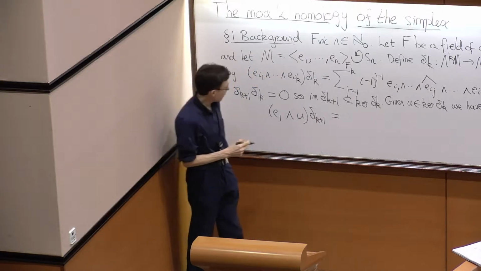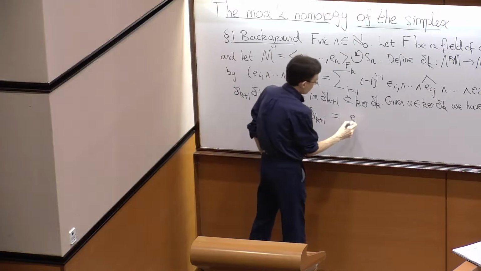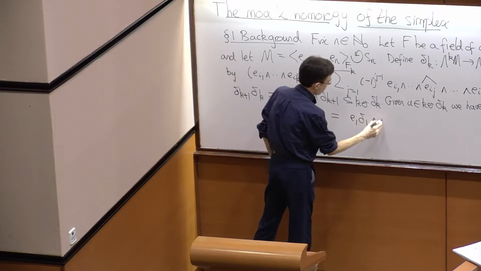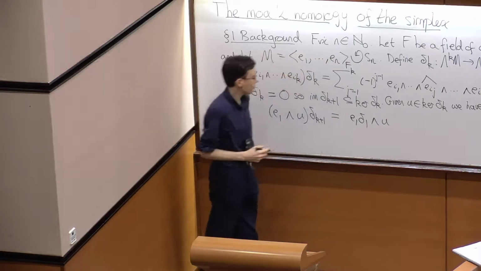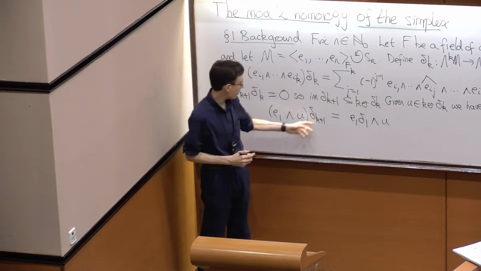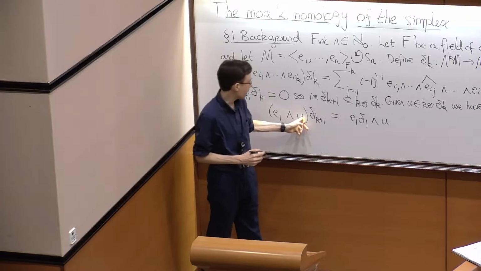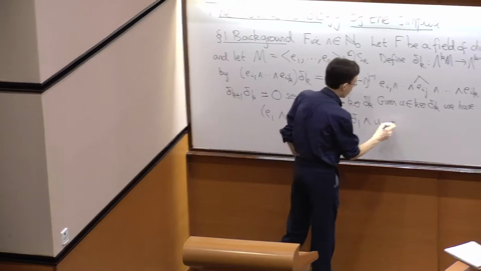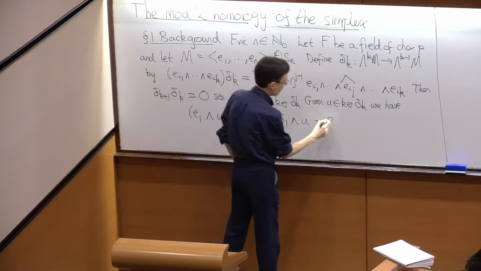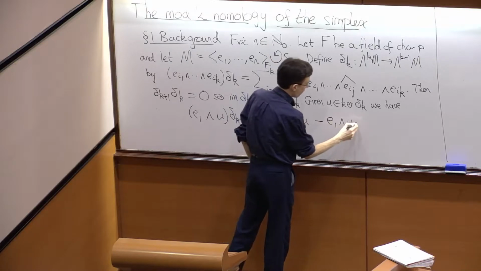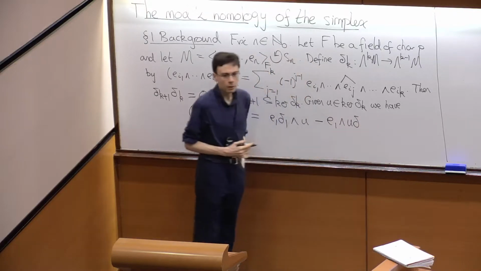And when you do this, you'll get, by a kind of Leibniz rule, e1 delta 1 wedge u if I choose to delete here. And if I choose to delete over here, there's a minus sign because I'm starting one position later, and I get e1 wedge u delta.